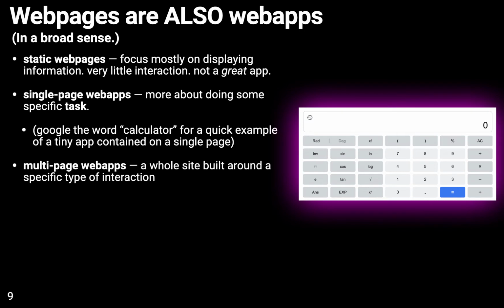Then we get into things that are maybe multi-page web apps, which is a whole website built around a specific type of interaction. All of Google's pages are aimed at helping you search for different kinds of things, right? Facebook is another multi-page web app, right? You have all your different feeds and your own page, your friends' pages, but they're all within the same we-are-socializing thing.